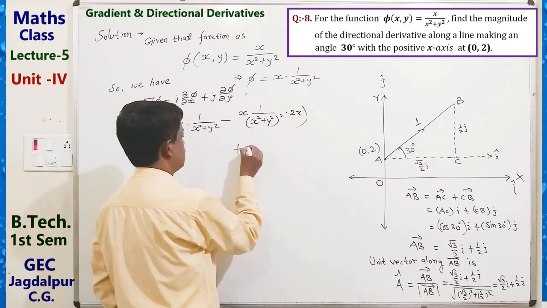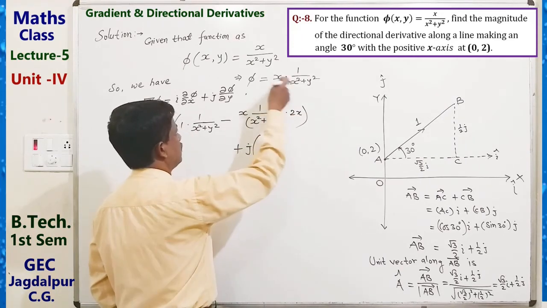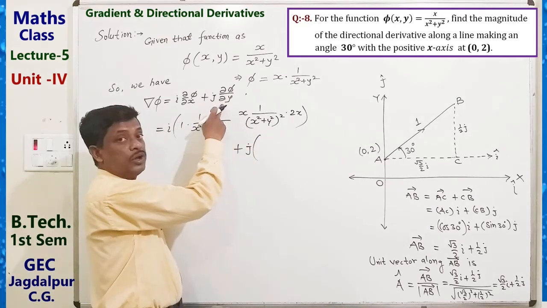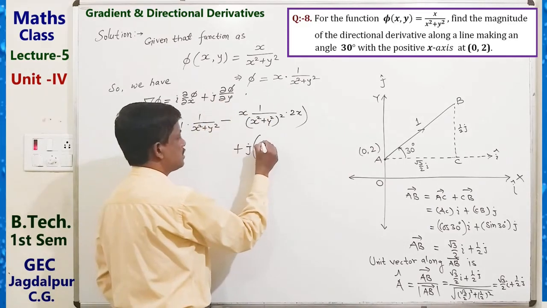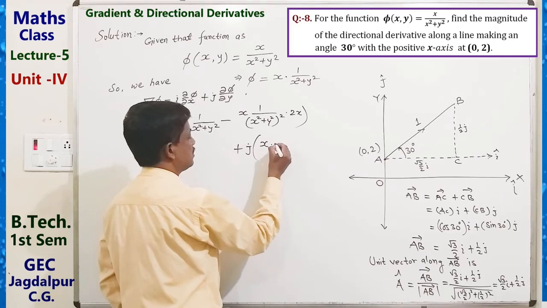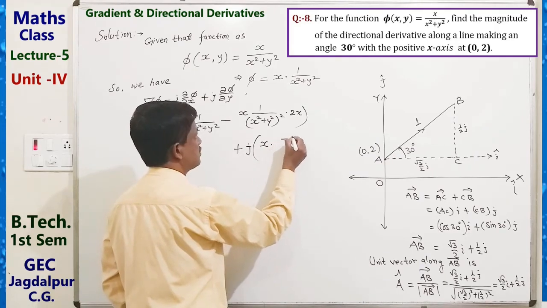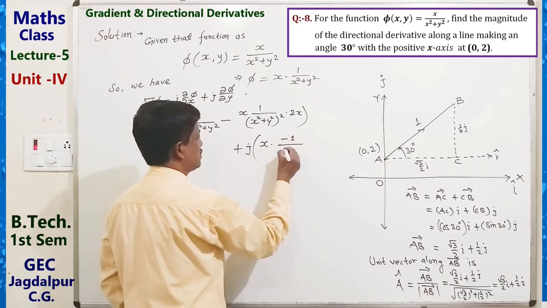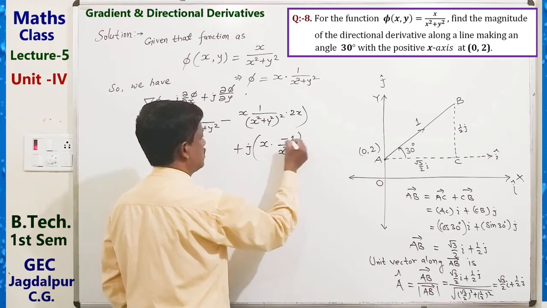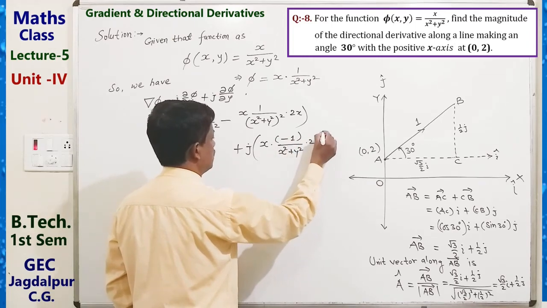This plus J, partial derivative with respect to y. So x as it is, y means minus 1 upon (x square plus y square) square into 2y.